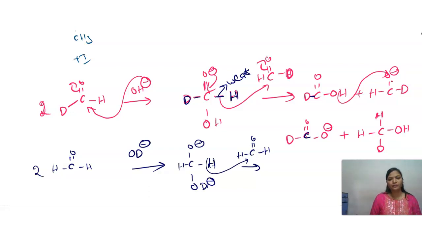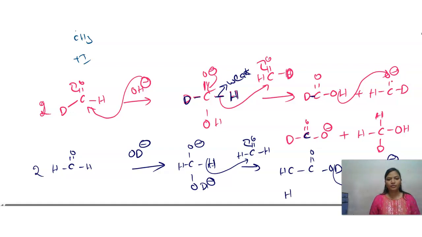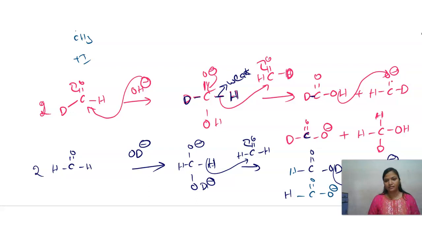Now this hydrogen shifts to here and we will get H C double bond O OD and CH2 O minus, and this deuterium shifts from this oxygen to here and we will get H only, not C, and this will be H C double bond O minus and CH3 OH, where it is D on the oxygen.